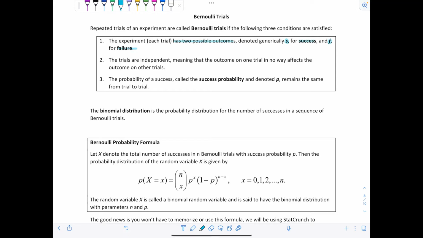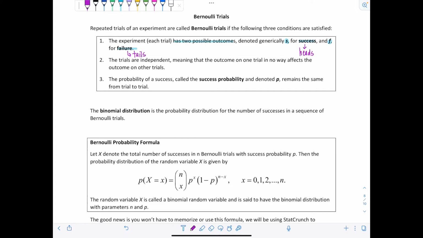You have to determine which one's a success and which one's a failure. Don't put a positive or negative connotation on things. You might decide success is flipping a coin and it landing heads, and then failure would then have to be tails, okay? But it's not like one is better than the other or more preferred necessarily. That's just the terminology we use.